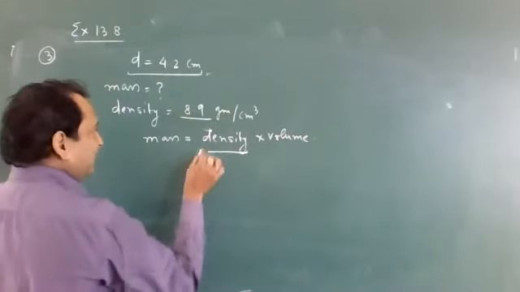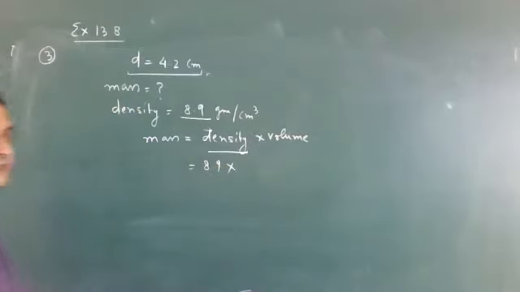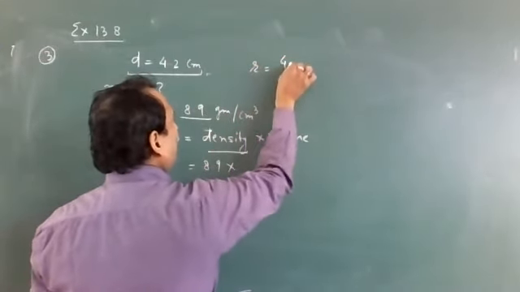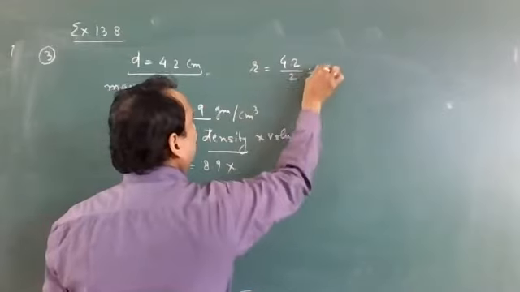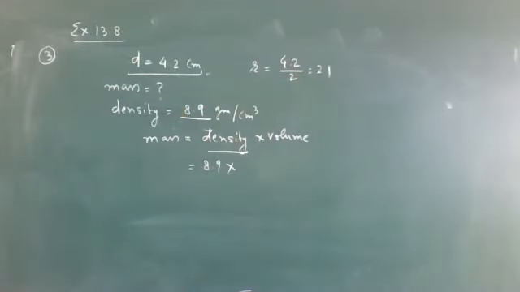We have the density 8.9. We just have to multiply this density by the volume of the spherical ball whose diameter is 4.2. Diameter is 4.2, then the radius will be 4.2 upon 2, that is 2.1 centimeter.